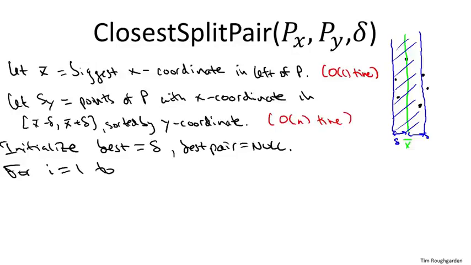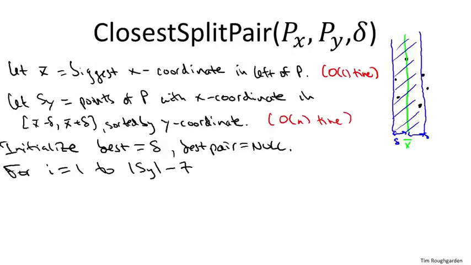So we go through the points of Sy in order of y-coordinate. Okay, well, not quite all the points of Sy. We stop at the 8th to last point, and you'll see why in a second. And then for each position i of the array Sy, we investigate the 7 subsequent points of this same array Sy.